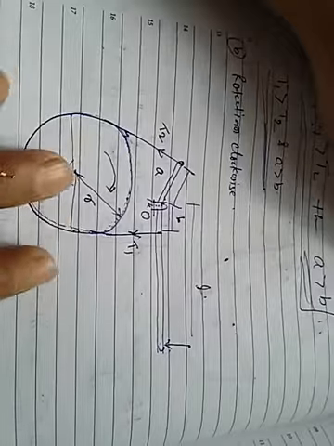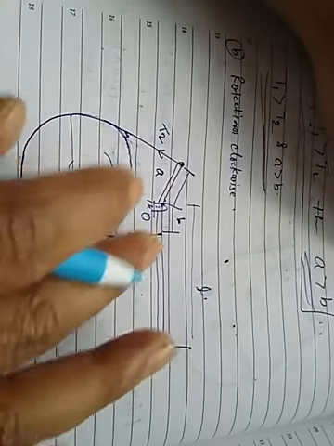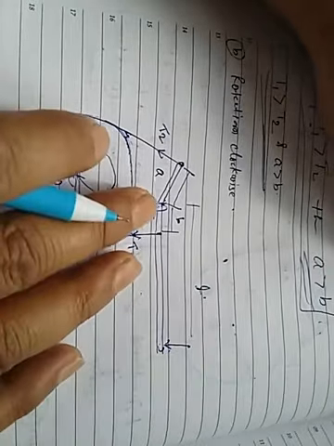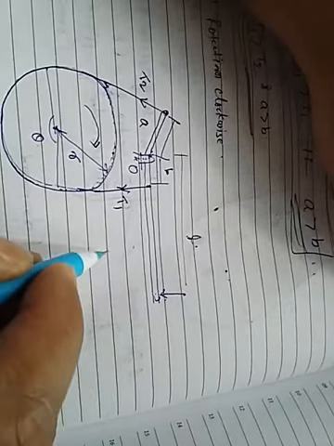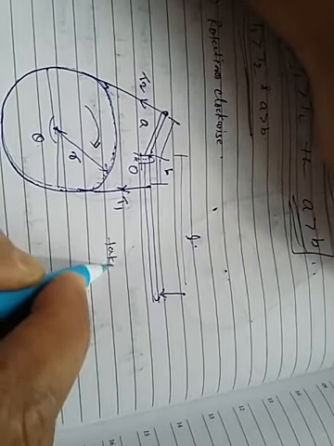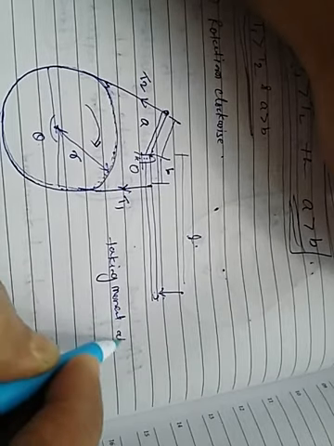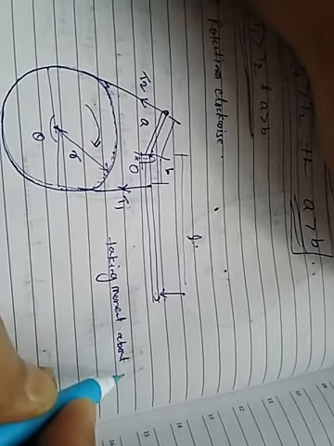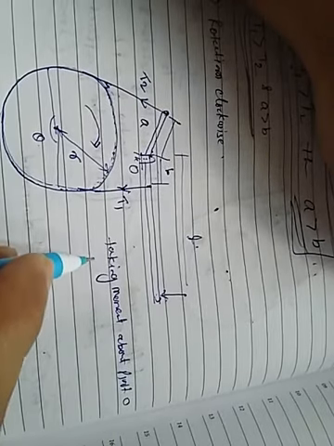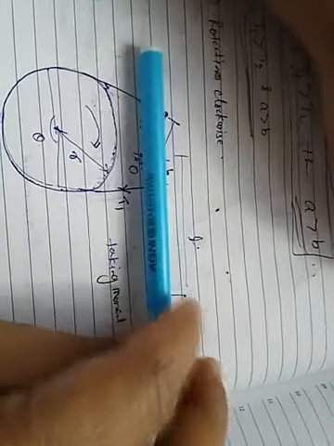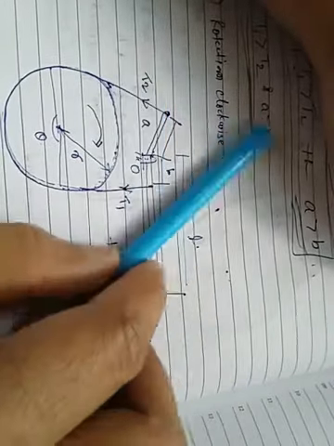So then again taking the moment of this force about this point, what will happen here? Taking moment about the pivot O. So what will that be? Simply the force is in the downward direction, so it acts clockwise for this point.